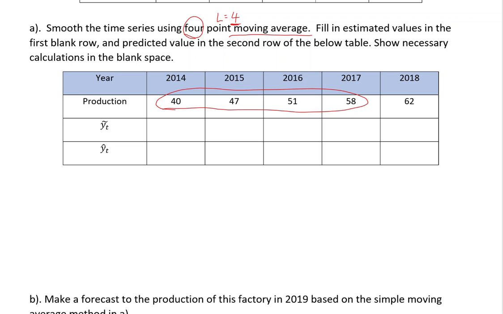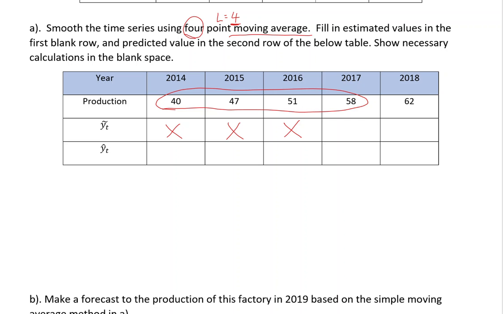So your first estimated value is actually in 2017. You don't have any estimated value for 2014, 2015, 2016. You only start with the moving average entry, so the estimated value is only from 2017, right?